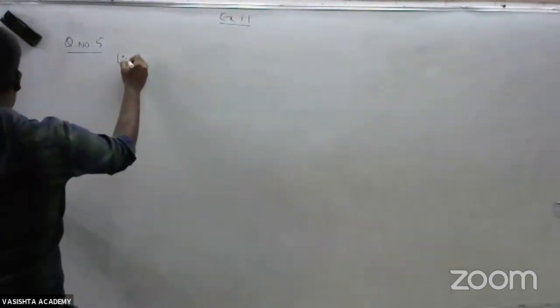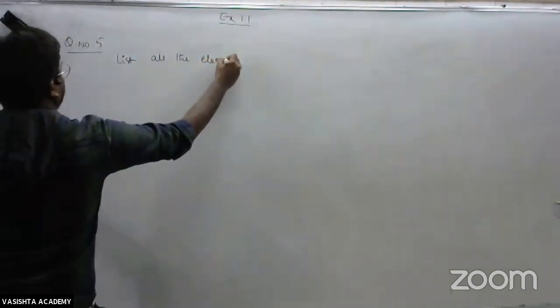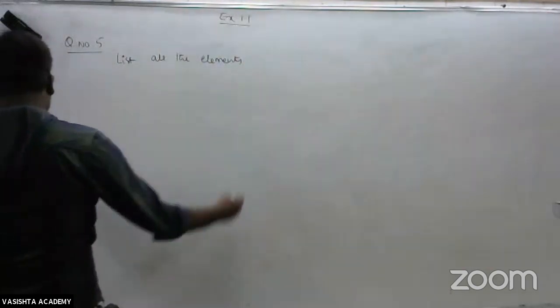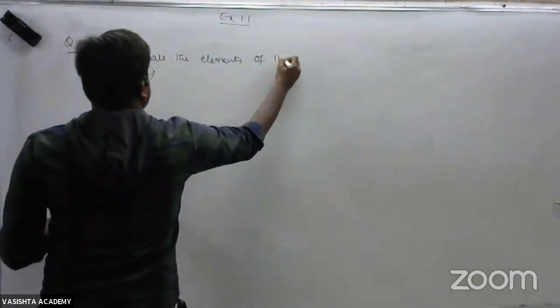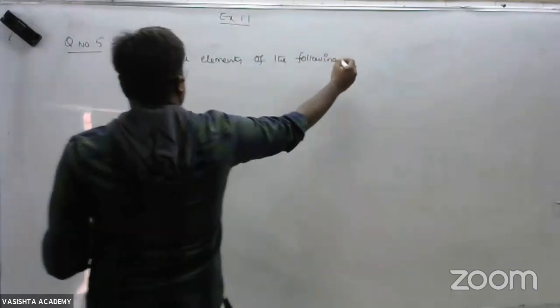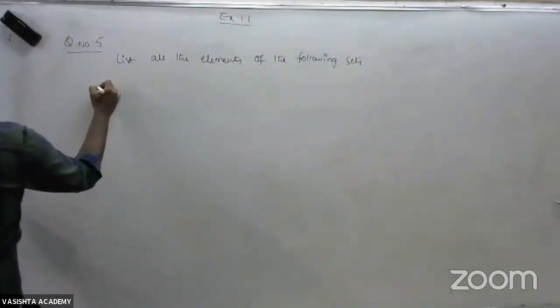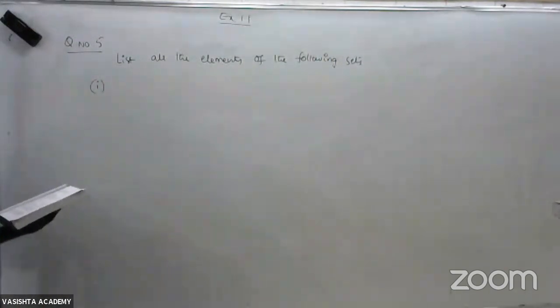List all the elements of the following sets. There are 6 questions in this question number 5.